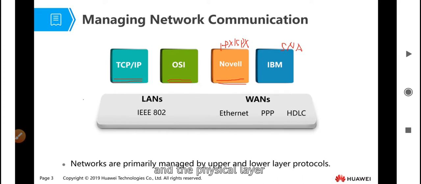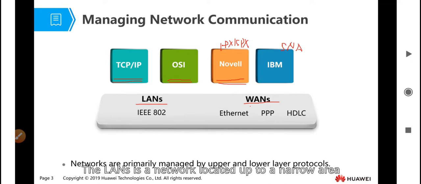All these reference models are usually defined as the upper layer protocols, and the physical layer, the bottom layer, is usually the same. Nowadays the standards for the physical layers, the bottom layers, are of two types, LANs and WANs. LAN means local area network. WAN means wide area network.